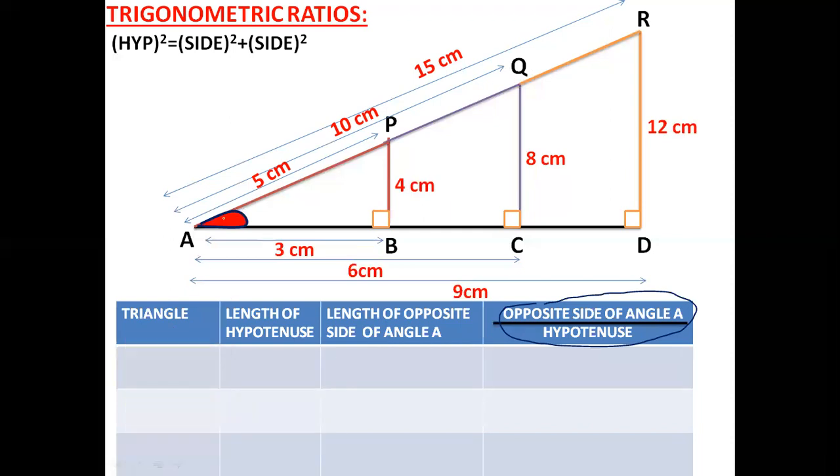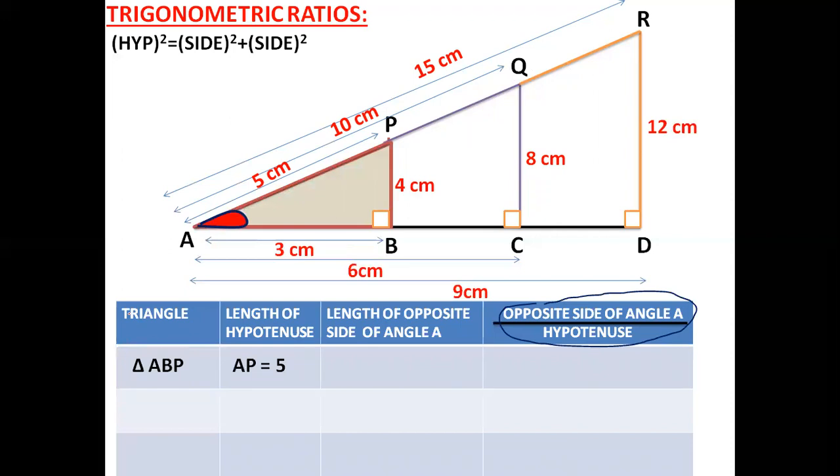First I will take one right angle triangle, ABP. Do you see the picture? I shaded the right angle triangle ABP. In this right angle triangle, what is the length of the hypotenuse? That is AP. In the second column, I am writing AP is equal to 5 centimeters.